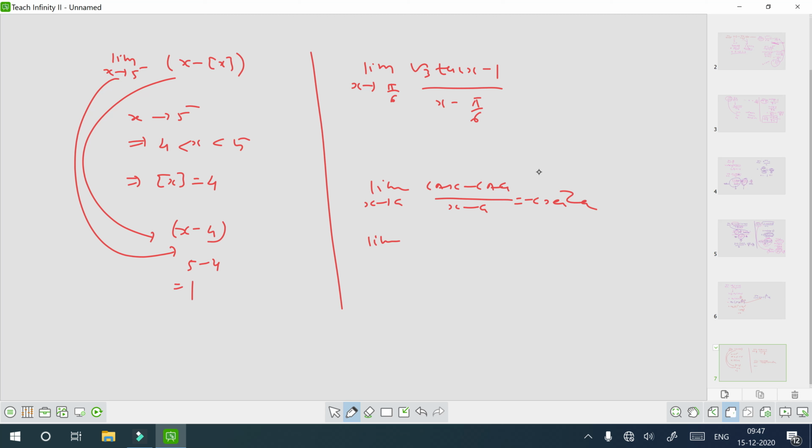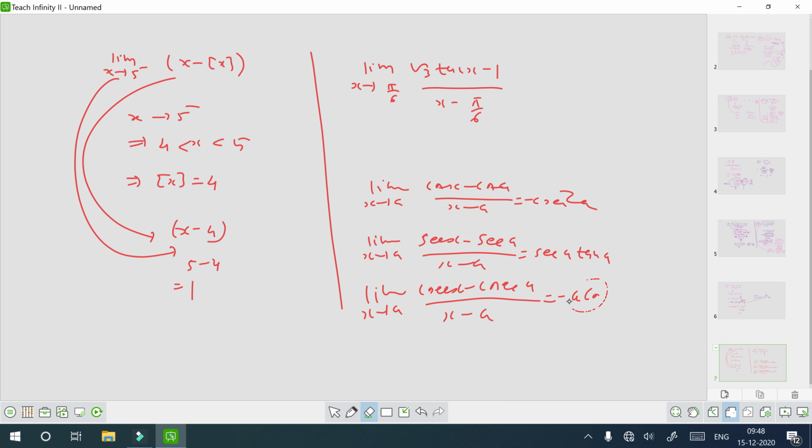Limit x tends to a, sec x minus sec a over x minus a is equal to sec a into tan a. Limit x tends to a, cosec x minus cosec a over x minus a, answer is minus cosec a cot a.